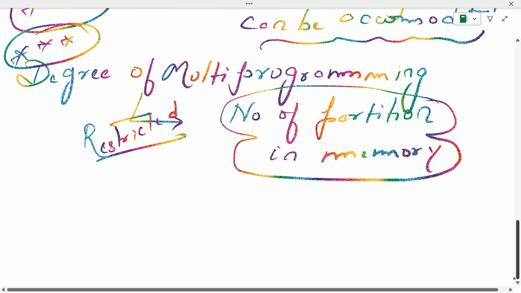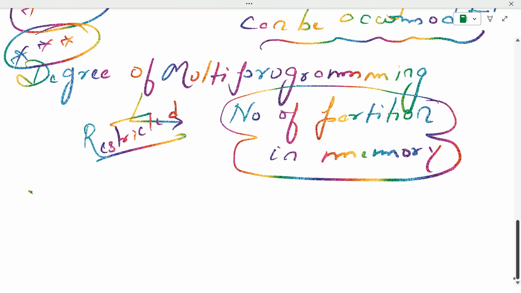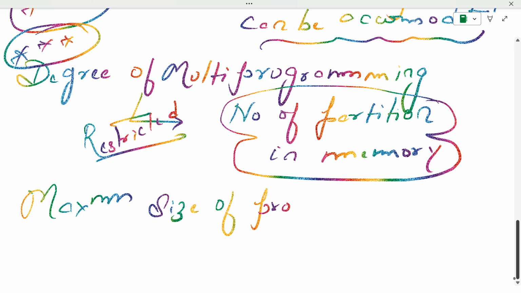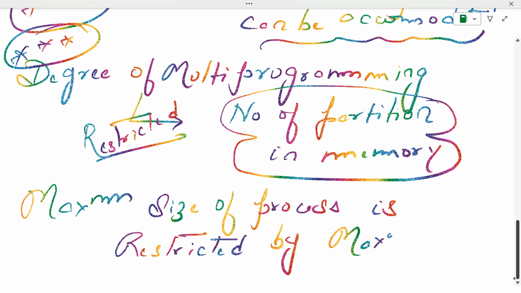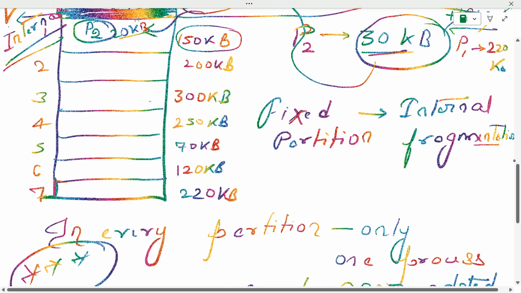And we can say that the maximum size of a process is restricted by the maximum size of the partition. If we have the maximum size of partition as 300, let's say, what is the maximum size of partition here?